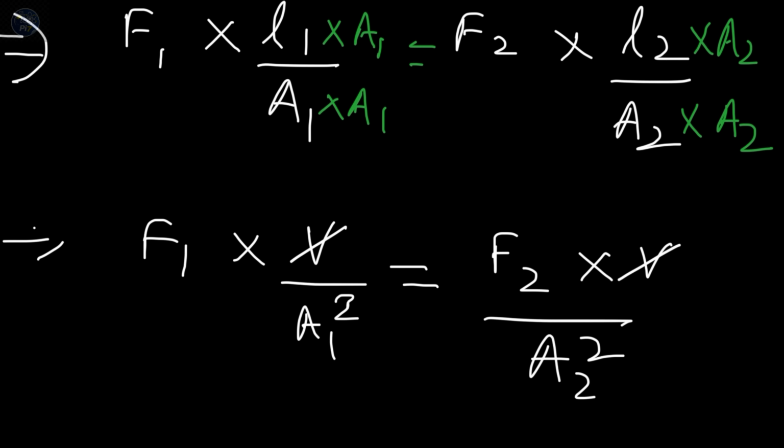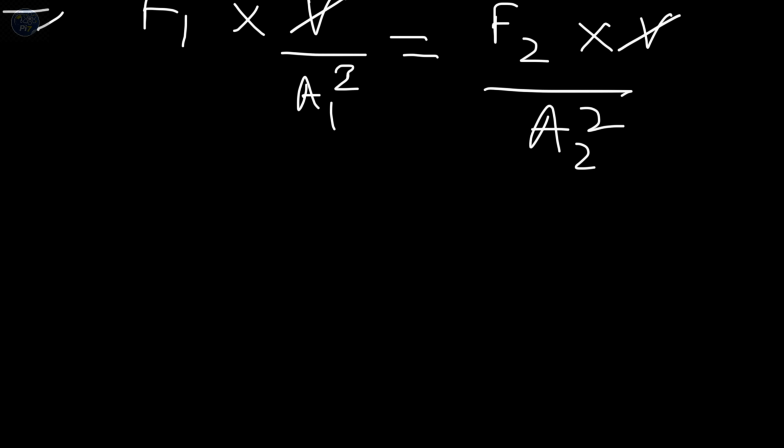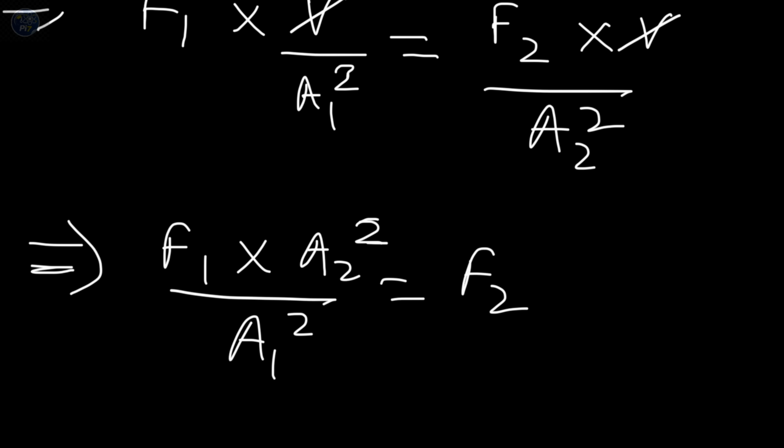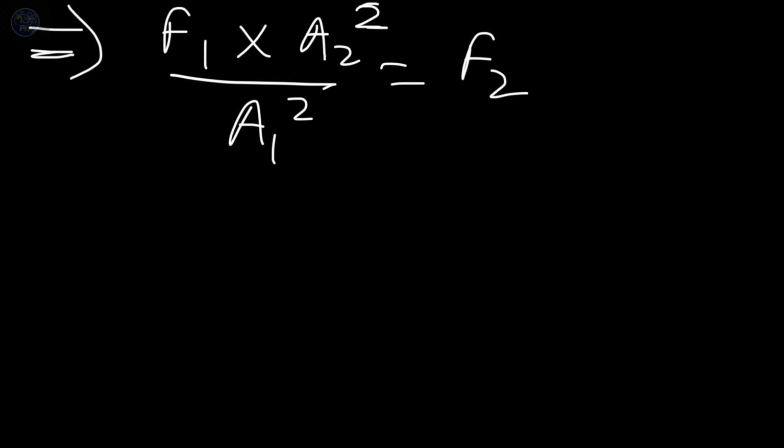If I cancel volume from both the sides, what do I want? I want F2 because F1 I know. So how will I find F2? F1 times A2 square divided by A1 square will give me F2. And what is F1?